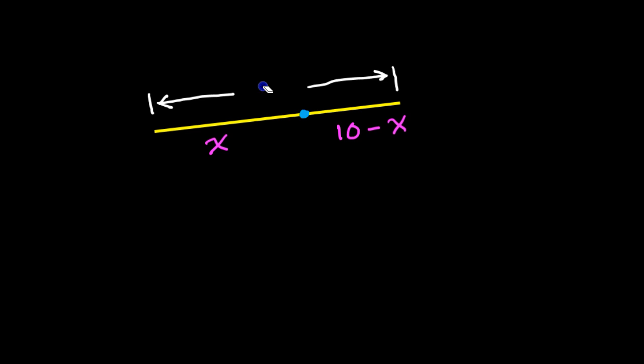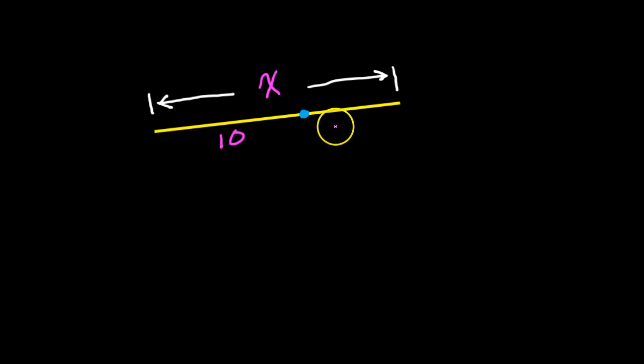Okay, now on the other hand, what if the whole is a variable? And then let's say I tell you that this part over here is 10. Now I need an expression for the other part. Well, it's still going to be the whole minus the part that you have.